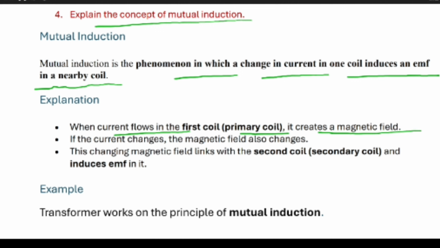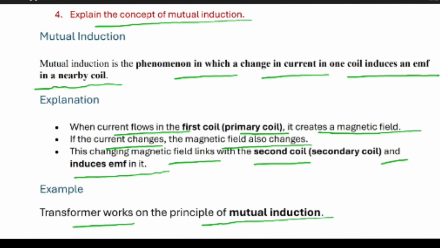When the current changes, the magnetic field also changes. If the current decreases, the magnetic field decreases; if you increase it, the field increases. The changing magnetic field links with the secondary coil and an EMF is induced in it. You can give transformer as a proper example, since the principle of transformers is based on mutual induction.